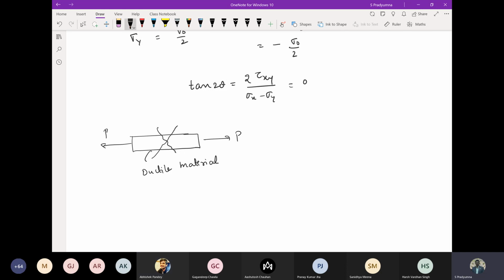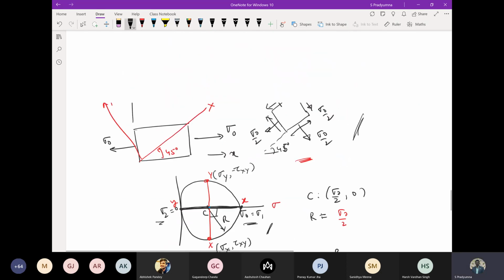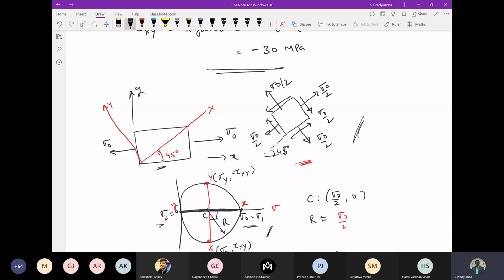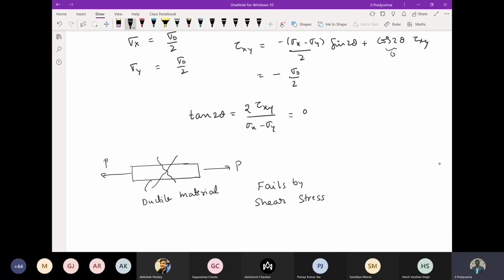Okay, so why should it happen like this? Because the ductile material fails by shear stress. So now in a problem like this, when I am only applying a normal stress like this, here also P by A will be my sigma naught. It is failing by shear stress, which means, in which direction is the shear stress maximum?